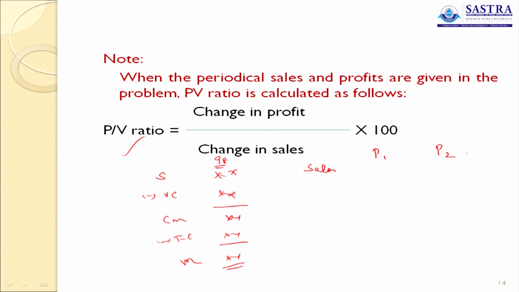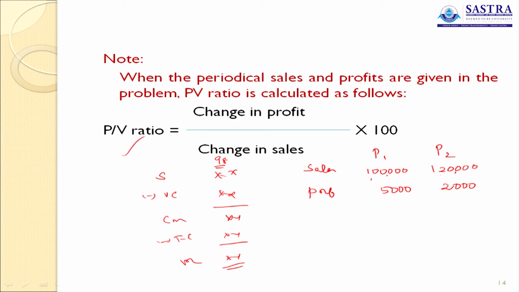It may be the same year or a different year, no problem, but usually it should be the same year. So sales 1 lakh for period 1, 1,20,000 for period 2. Profit for period 1 is 5,000, for period 2 is 2,000. That's all.